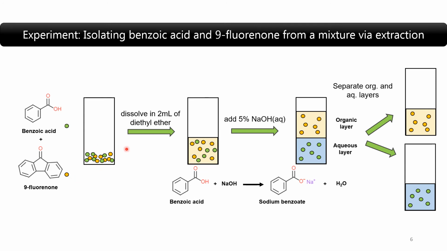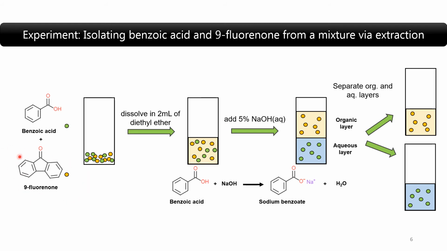First of all, we start with dissolving both of these in a common organic solvent, and in this case we're going to use diethyl ether. Now they're both soluble, so we have to do something to convert one of these compounds into a more water-soluble format.